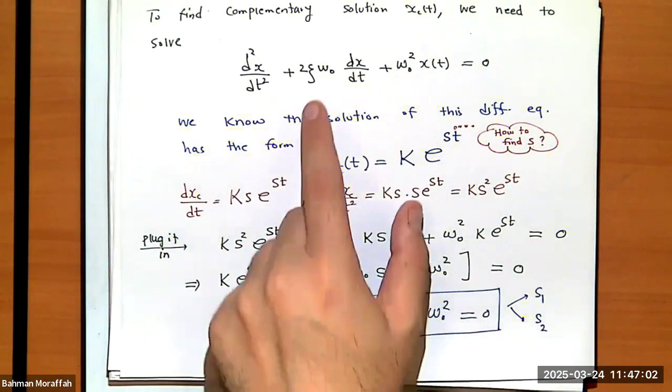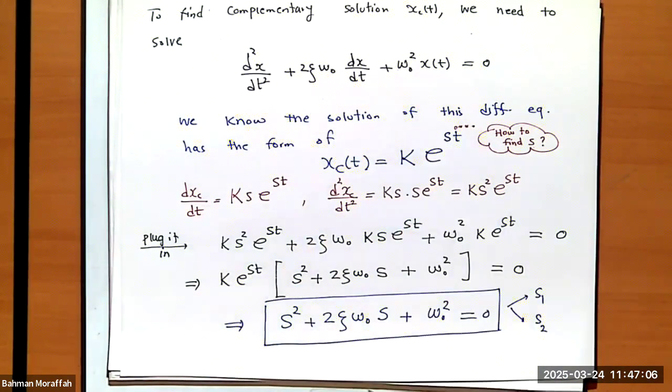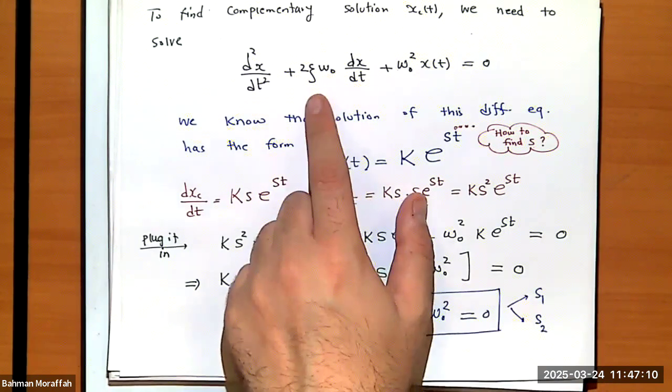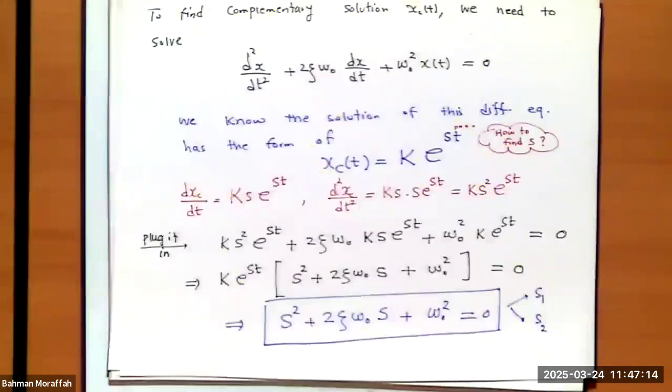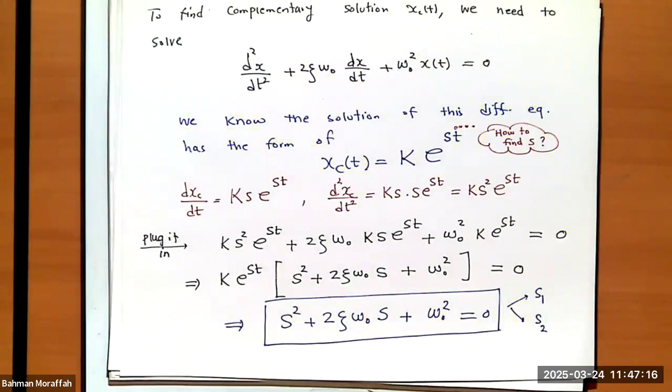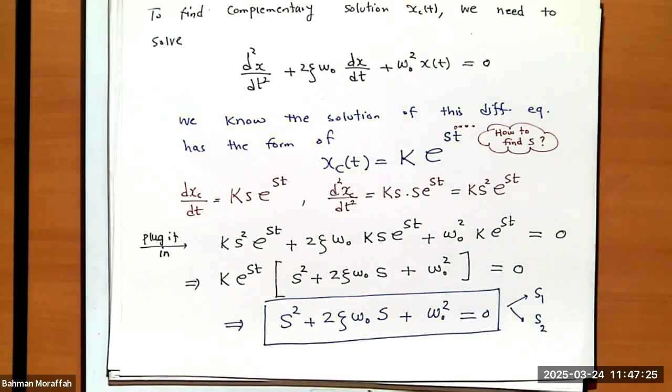It's a good time to define why we're defining this as 2c omega naught and this as omega naught squared. The reason is that this c over here actually determines what kind of solution we have, and we call that the damping ratio. And this omega naught tells us if we have a sine wave as our solution.